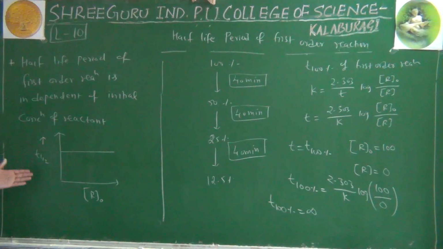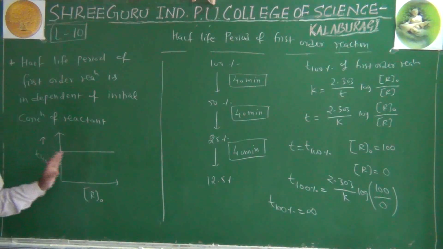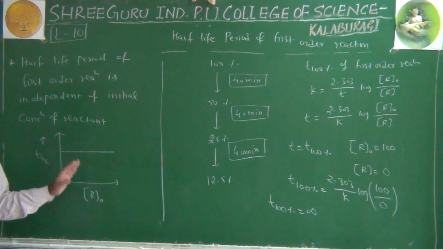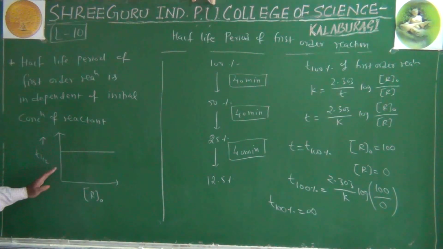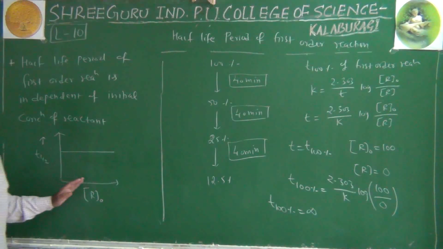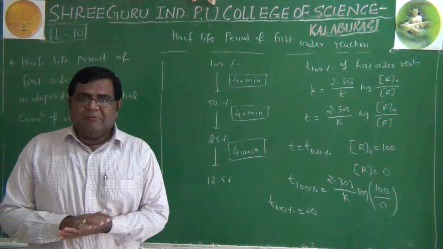And also we have plotted some graphs. In the next class we'll start directly with numerical questions based on this. Again, it is equally important from the theory point of view as well as from the point of view of MCQs, because such questions appear in the MCQs. So thank you for watching this video.